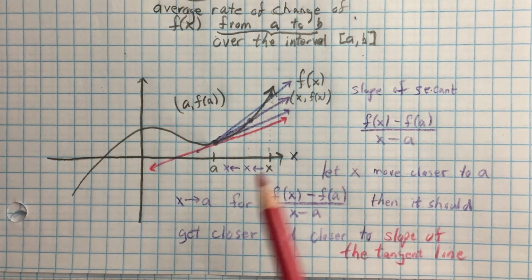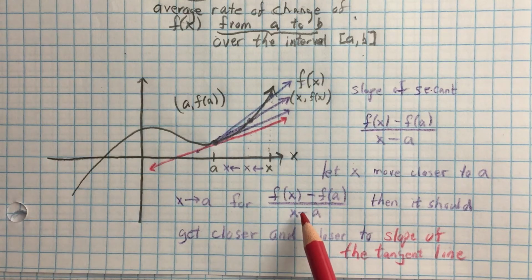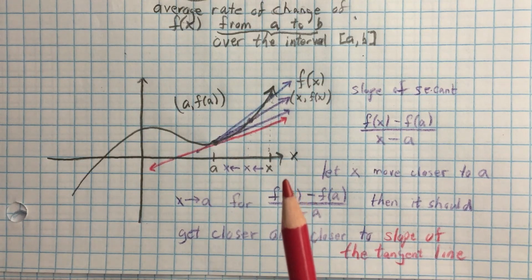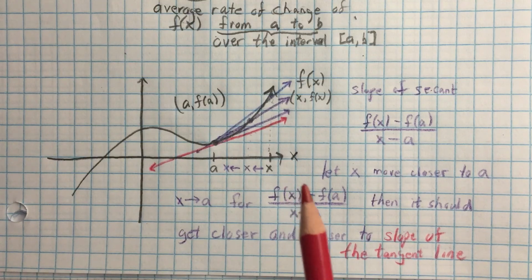So therefore, this basic limiting process, as x approaches a, for this slope ratio should converge to the actual slope of the tangent, which is the slope of the curve. But in this section, we will only compute that through approximation and guessing.